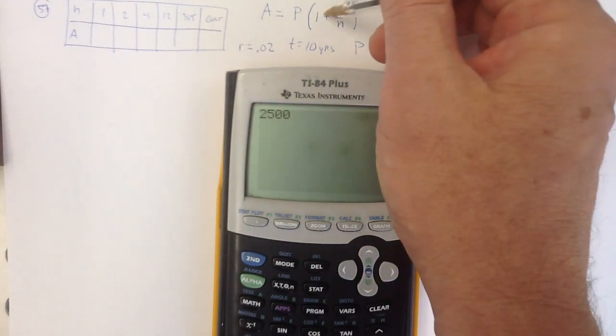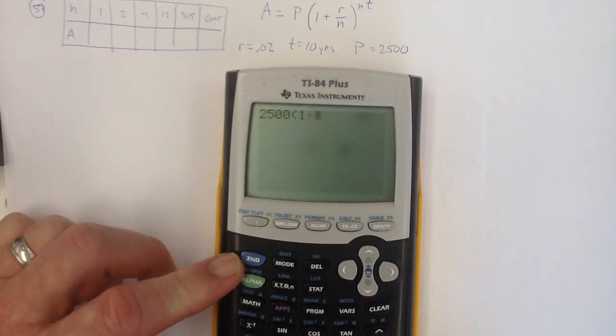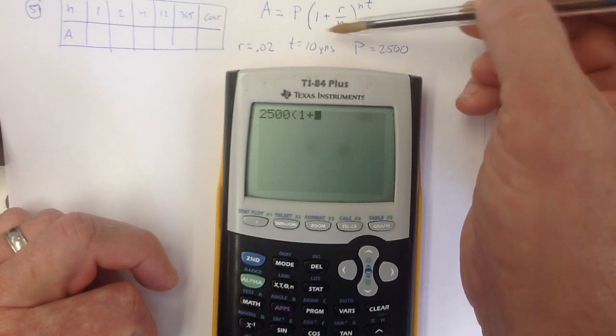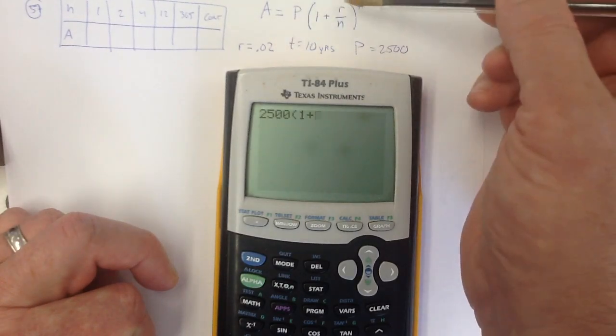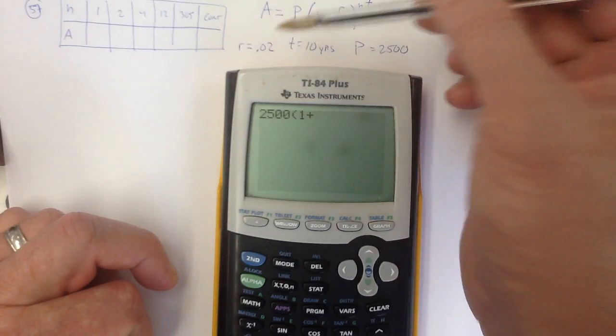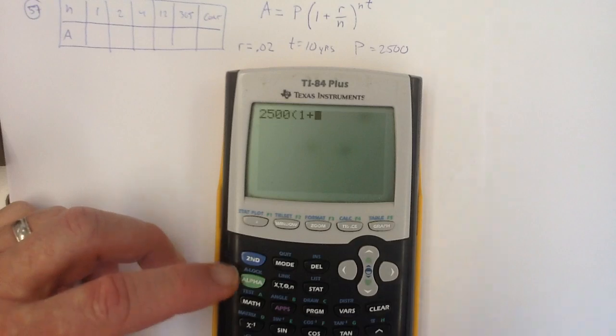On the inside of this, I want to have parentheses, 1 plus R over N. The R is going to be 0.02, but that's only true for 57, so I'm going to put the letter R in there. How do I get the letter R?